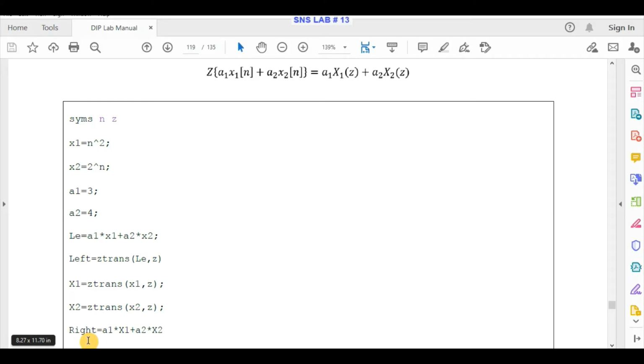Then we will compute the right side, which will be a1 multiplied by capital X1 plus a2 multiplied by capital X2, which denotes the Z transform of x1 and x2 signals.